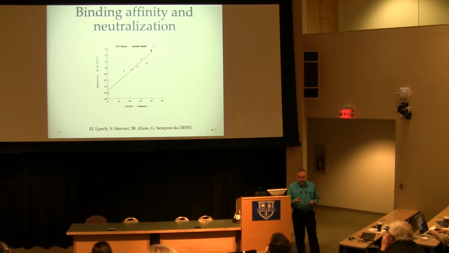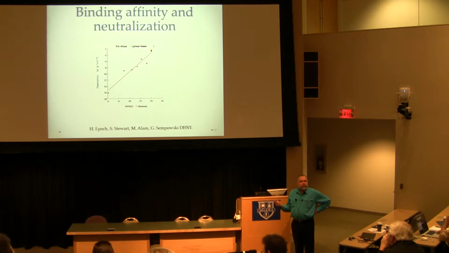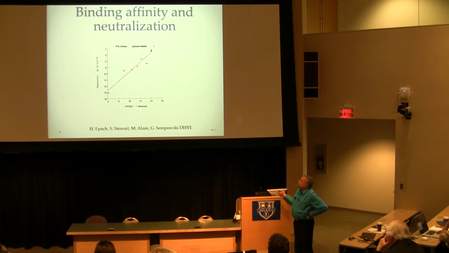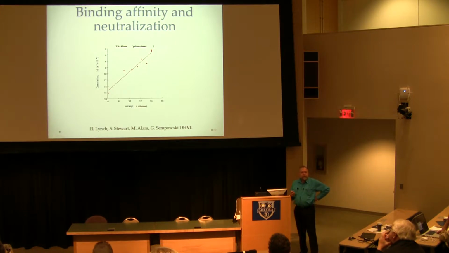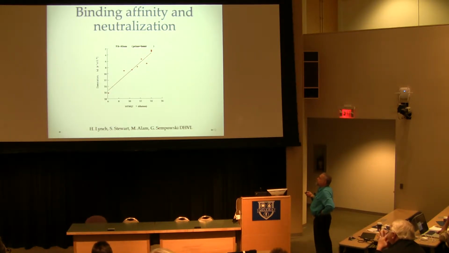Why do we care about affinity maturation? This is another piece of data from our colleagues at Duke. What they've done is they've looked at the affinity and the neutralization capacity. So they take serum from different points in the mouse experiments, and they measure the mean affinity and the mean neutralization capacity by seeing how well the serum inhibits the killing of macrophages by anthrax toxin.